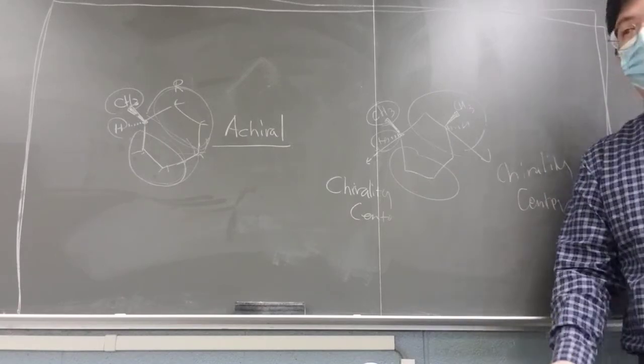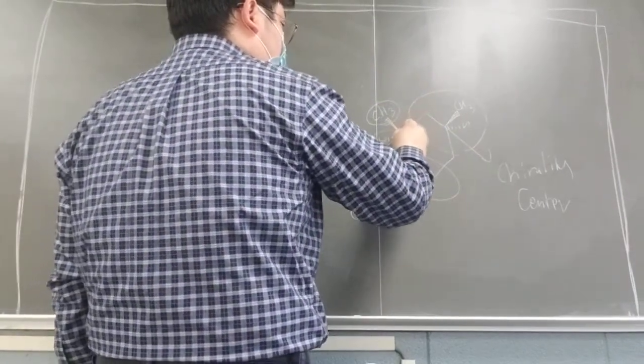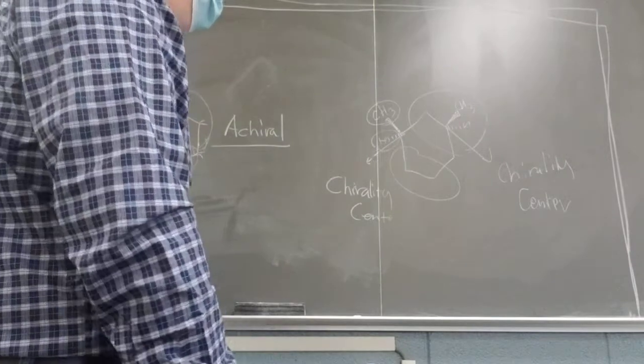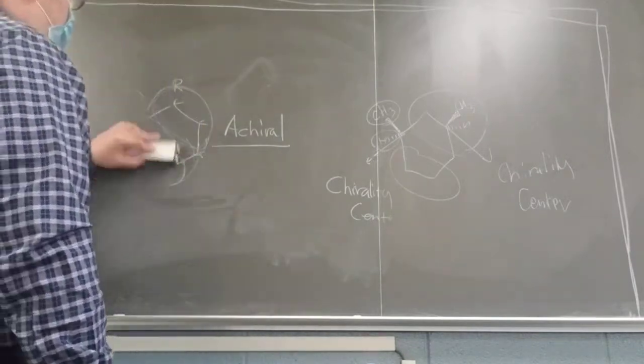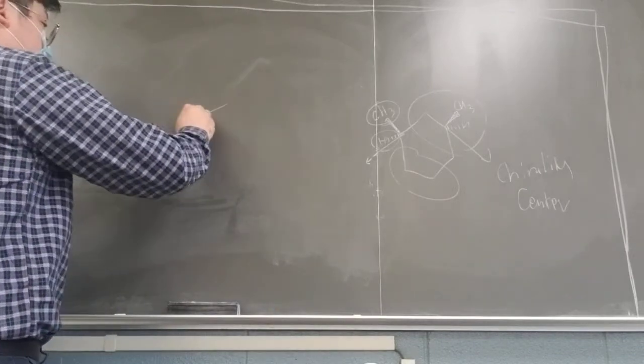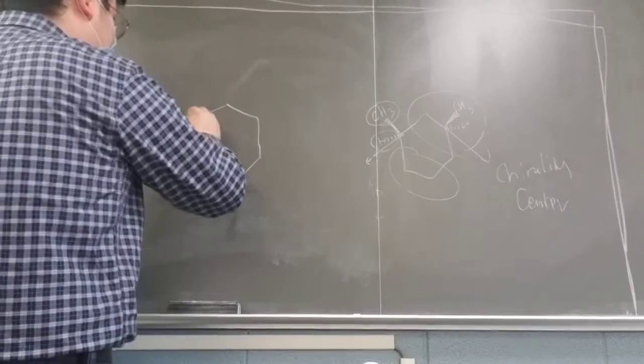If this side and this side are different, you can consider these two as different R groups as well. So that is a chiral center. If that is the case, let's look at a little bit more in detail. Okay.